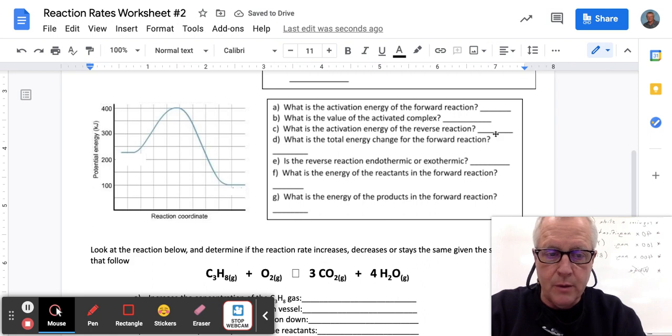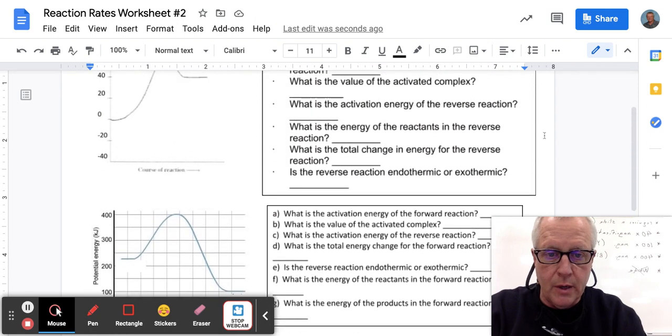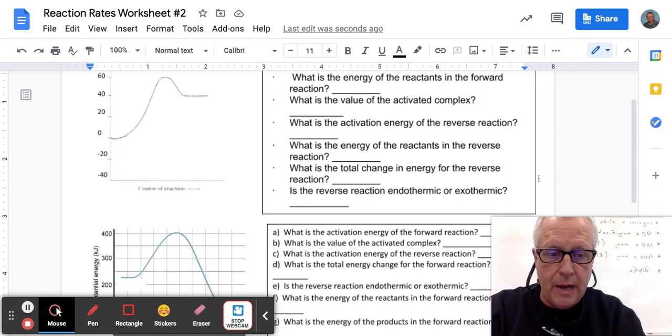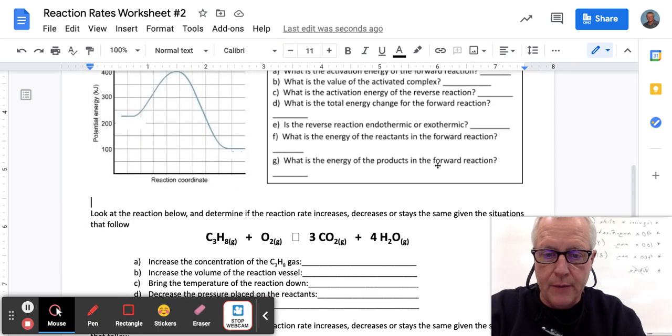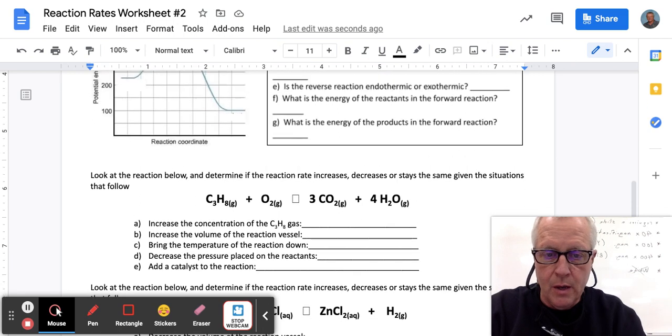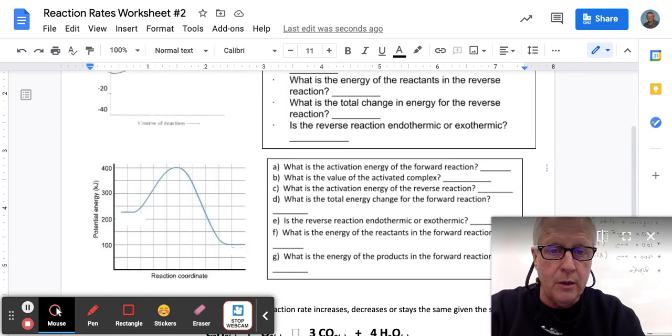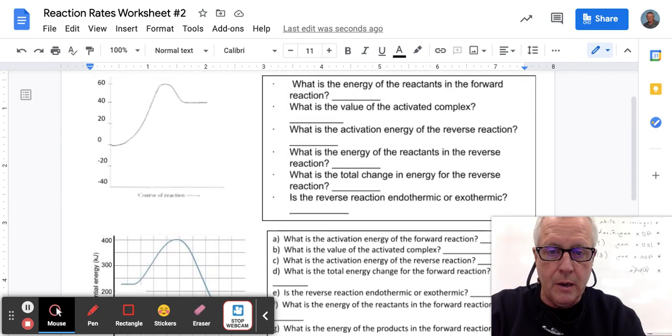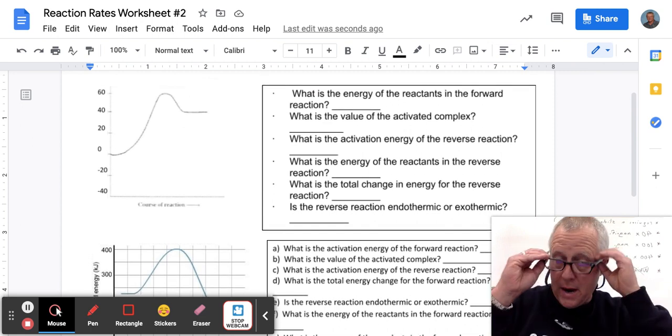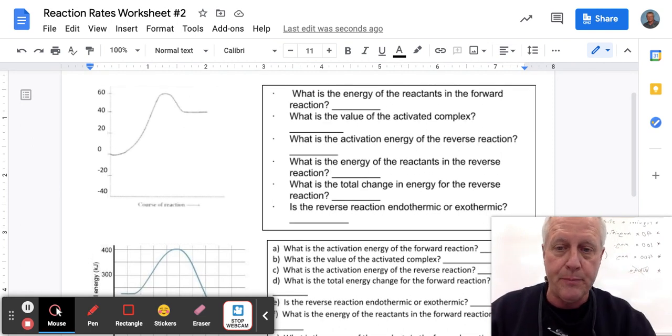For these two boxes here, you may have to make some room down here to do that. And then you should be able to answer these questions here. We're asking you to think these through. There's quite a little bit of critical thinking here, but the more practice we have at this, the better.